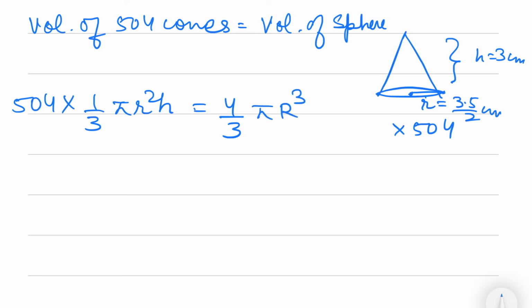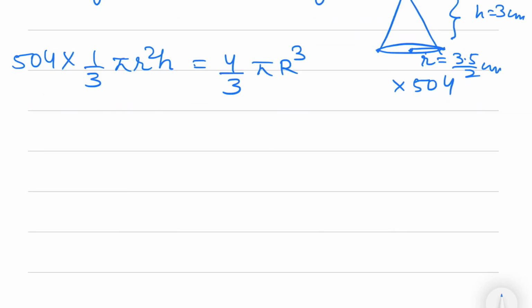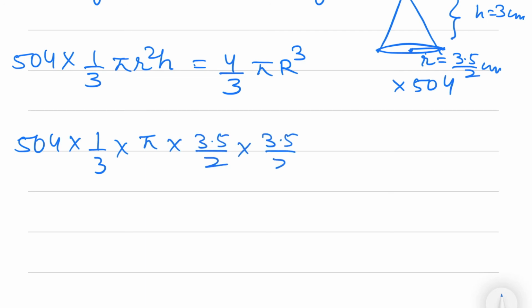I have taken small r and capital R to differentiate between the radii of cone and sphere. Let's substitute the values now. We have 504 into 1 by 3 into pi into 3.5 by 2 into 3.5 by 2 into height 3 is equal to 4 by 3 into pi into R cube.